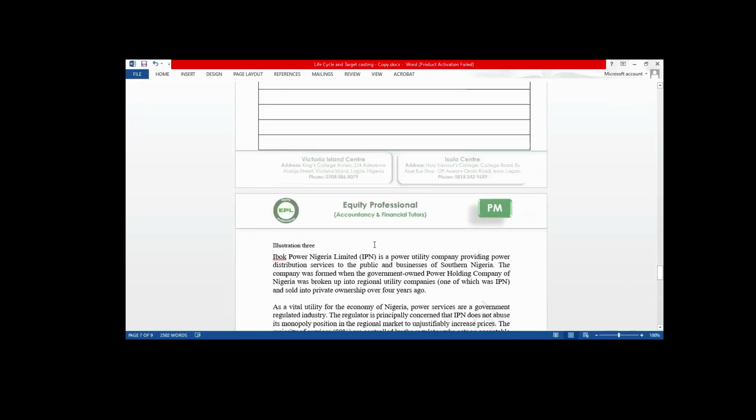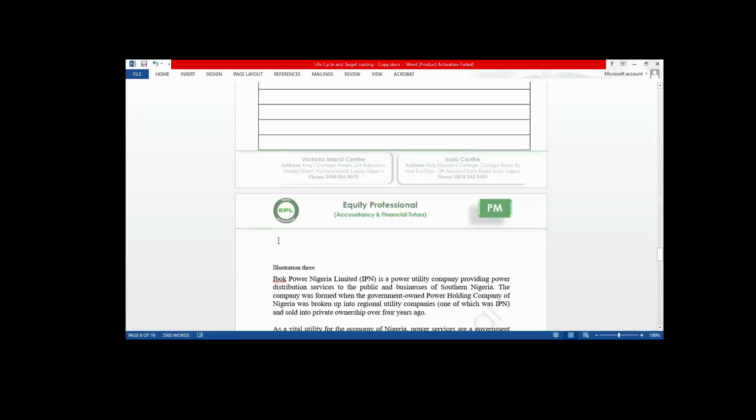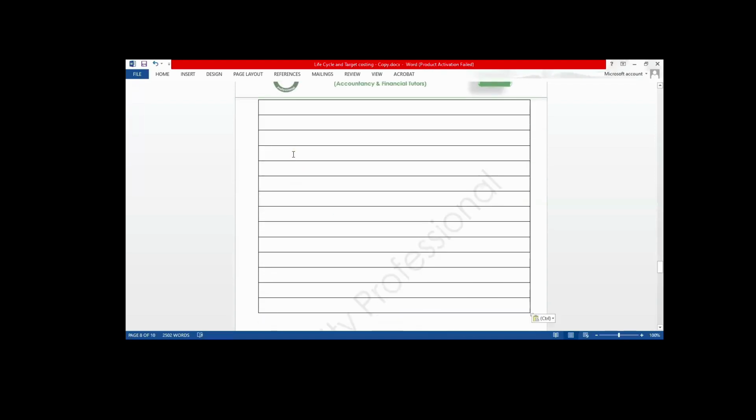We also have Dangote Petroleum. Now, the different divisions contribute to the total profit of the company. The question is, how do we evaluate the performance of division?